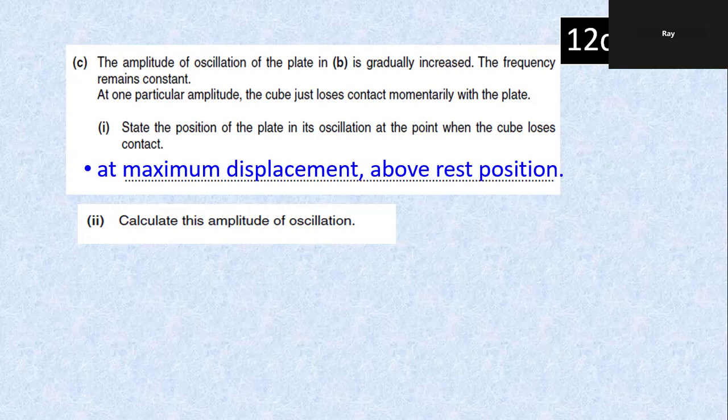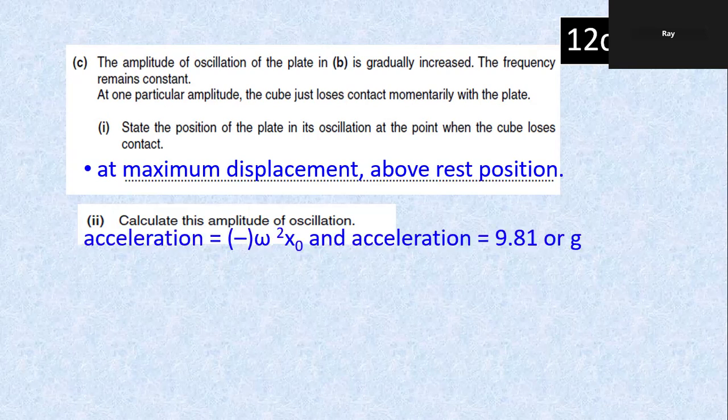Okay now, calculate the amplitude of the oscillation. How to do that? Use the definition for SHM.